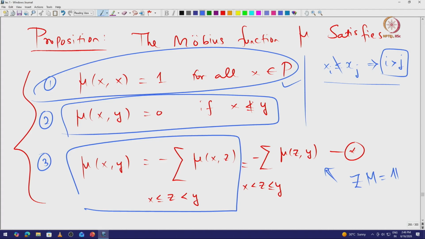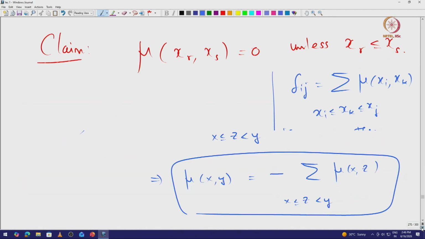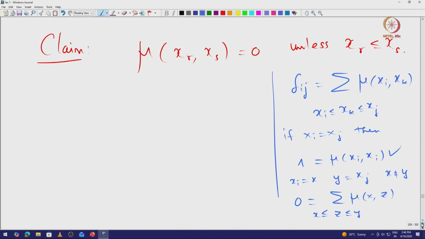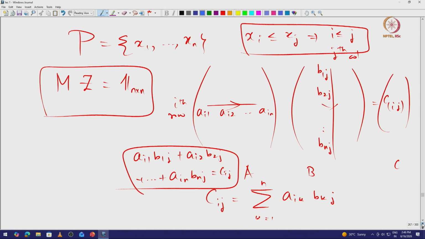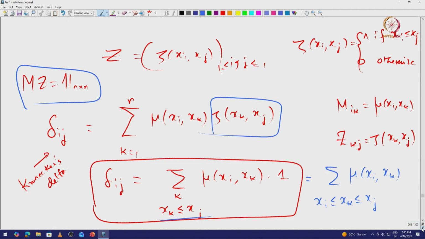Now let us verify why mu of x y is 0 if x is not comparable with y. Again, we are going to use the same equation that we had before. Recall that we had this first equation just from the observation of the zeta function.